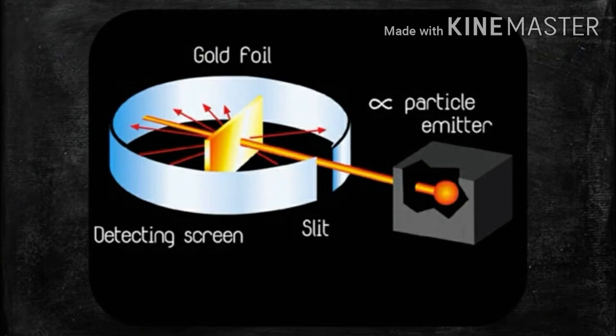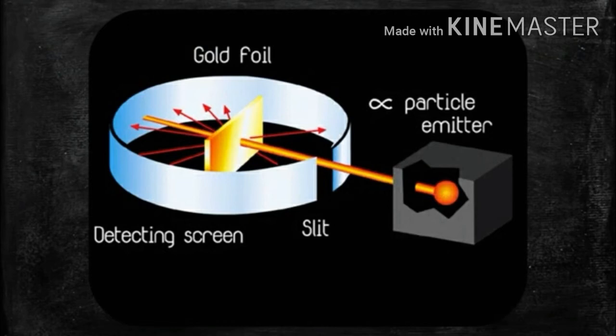The large number of alpha particles that went straight through the foil indicates that there was no obstacle in their path. Therefore, they went straight. It means that there must be mainly empty space inside the atoms in the solid gold foil.